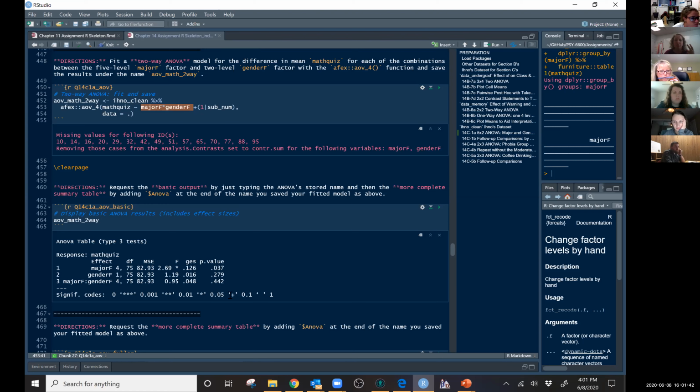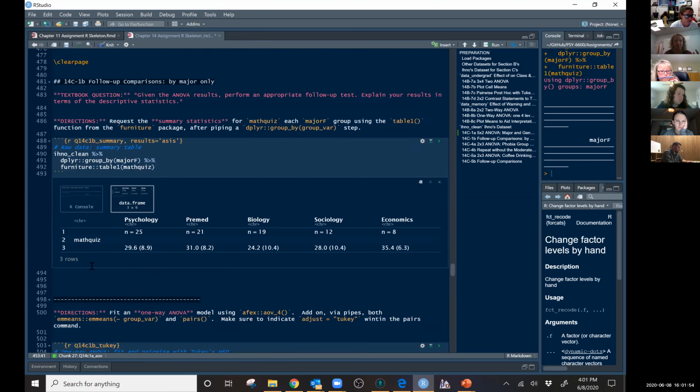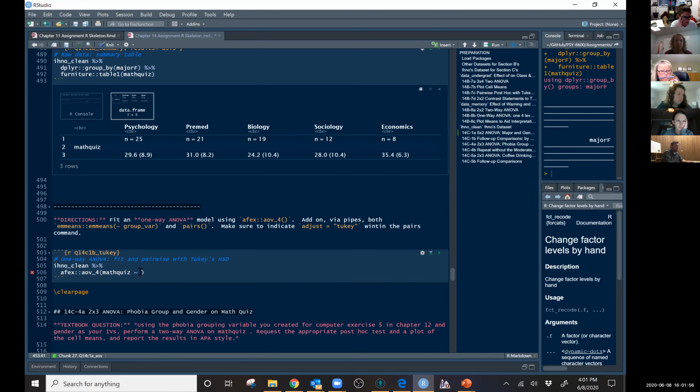But what did we learn about both variables? There's no interaction. And in fact, gender doesn't do anything. So now we're going to fall back and only put major in. Make sure you add the one vertical bar sub num at the end of your formula.